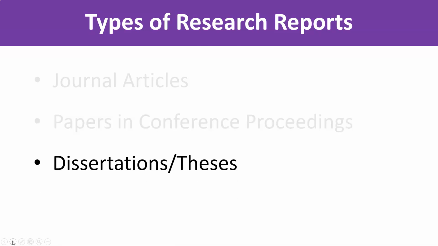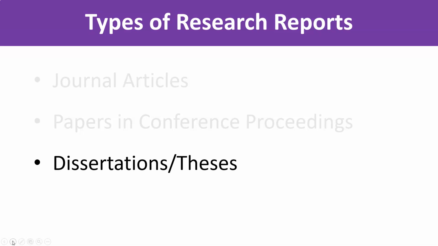The third type are dissertations and theses. These are project reports that you submit in partial fulfillment of the requirements for a particular degree, whether a master's degree or a doctoral degree. Which one is a dissertation and which one is a thesis depends on which institution you are attending.